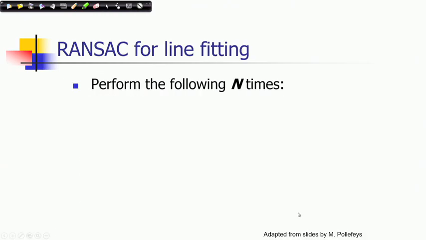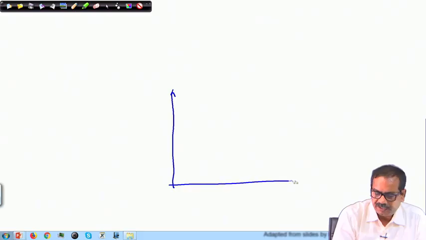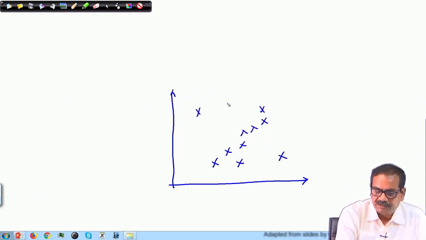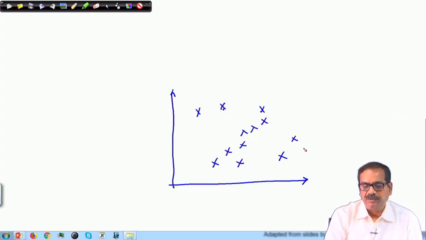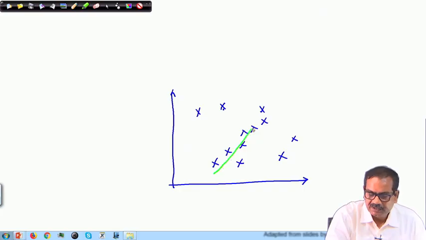So, let me give you a general outline first. Consider you have a set of points which you require to fit with a straight line. There would be some points which are deviated, which we consider outliers.